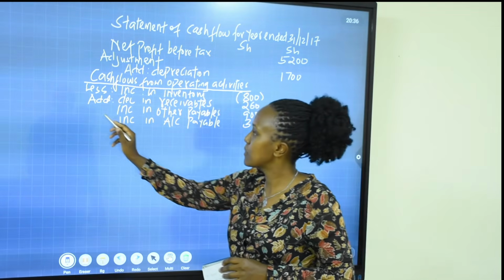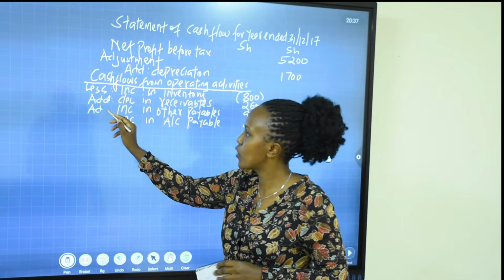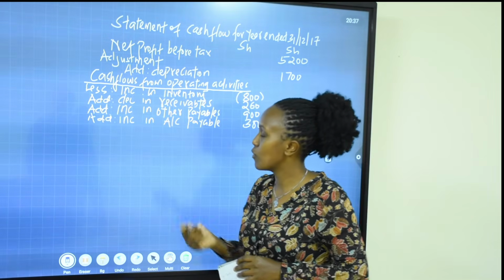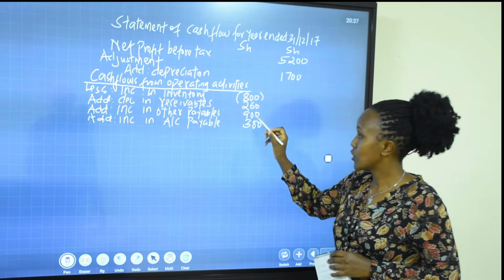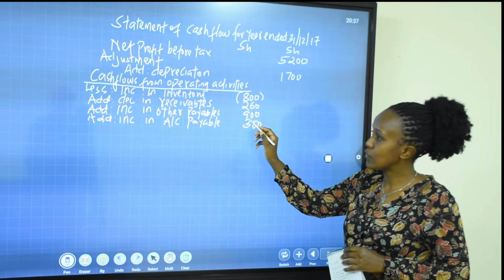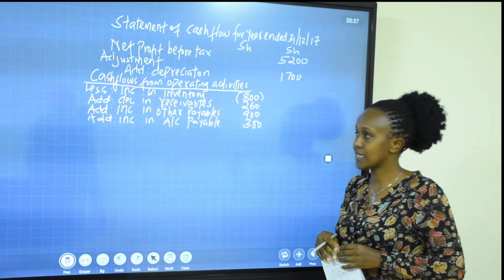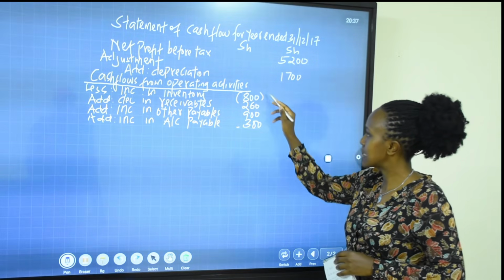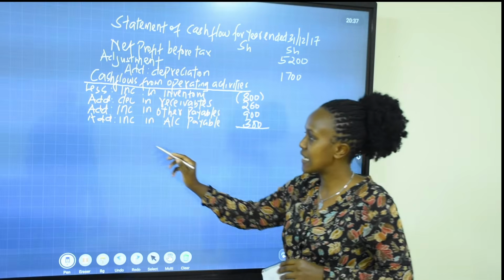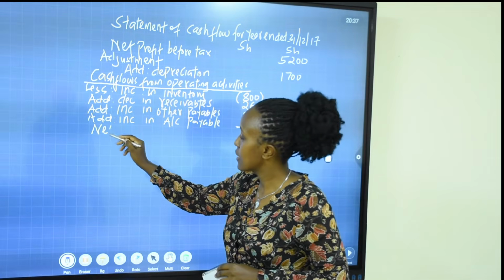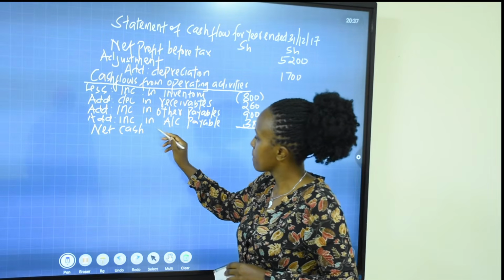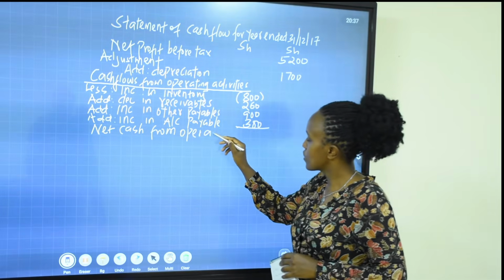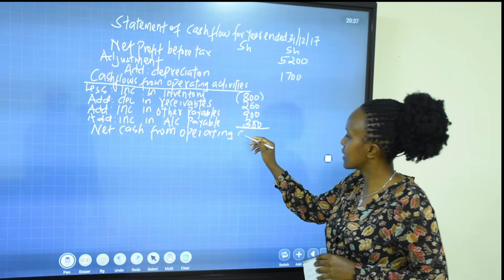When there is an increase in payables, it means we have continued borrowing. When we borrow, we get money, or we get commodities that are equal to cash. So for the payables, we are going to add the increase. Out of all these, we compute the sum, which is the net cash from operating activities.